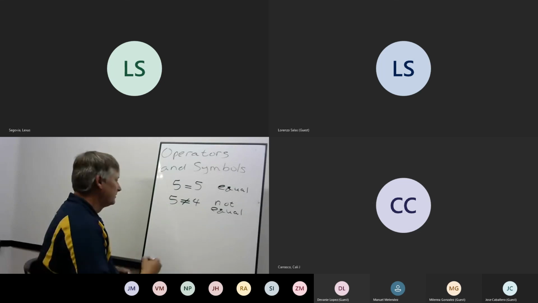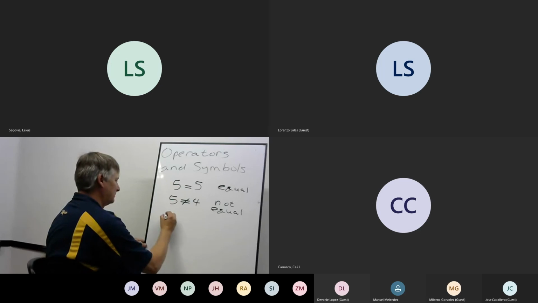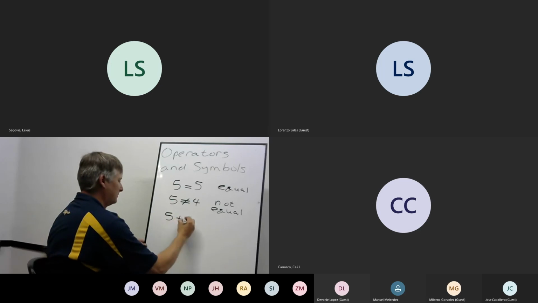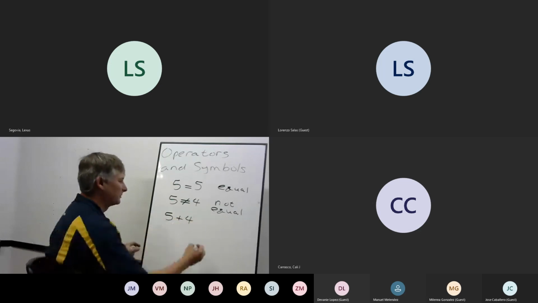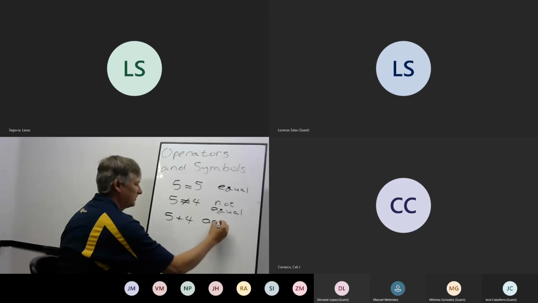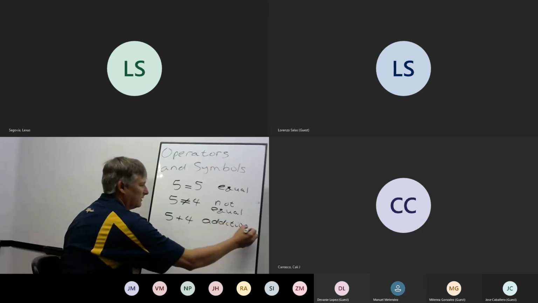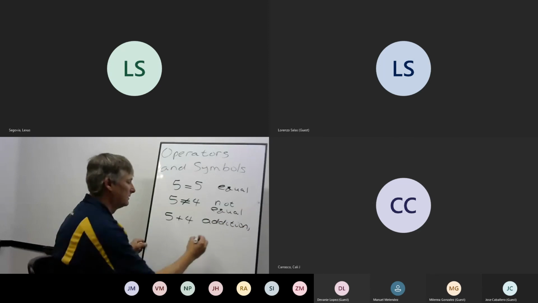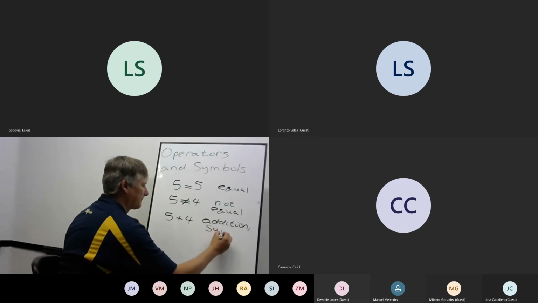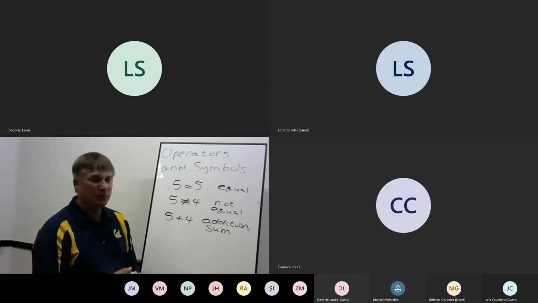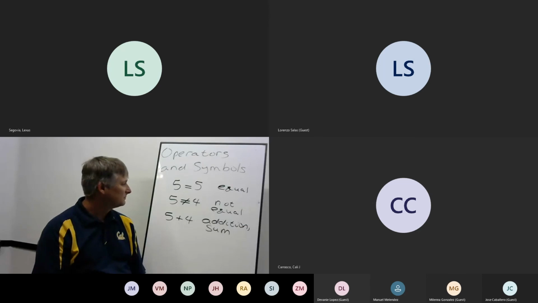Now, for addition, five plus 4. This is the symbol for addition. Or you could say the sum of 5 and 4. So addition or sum.